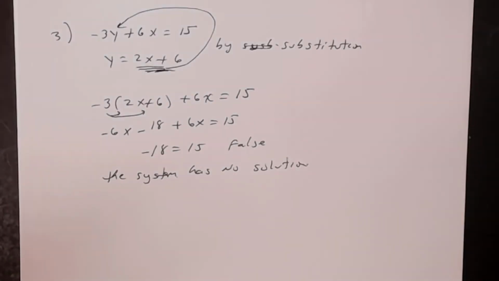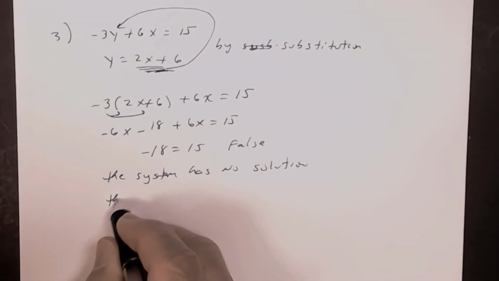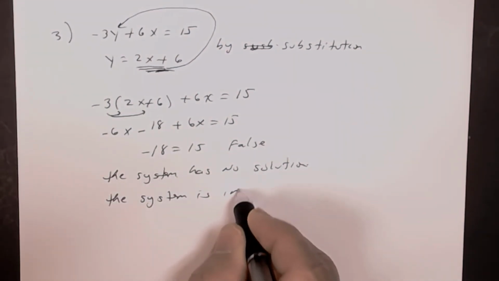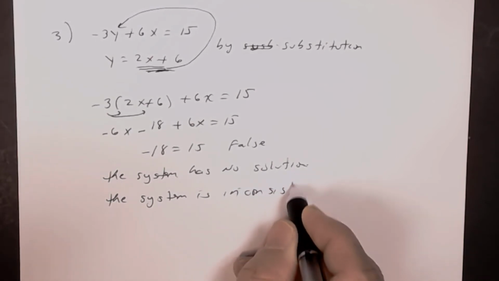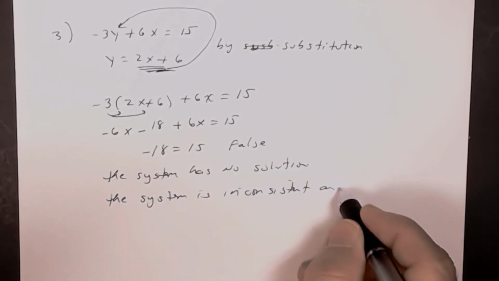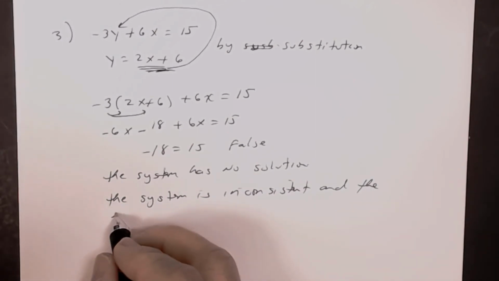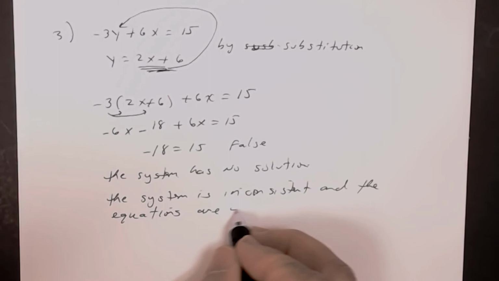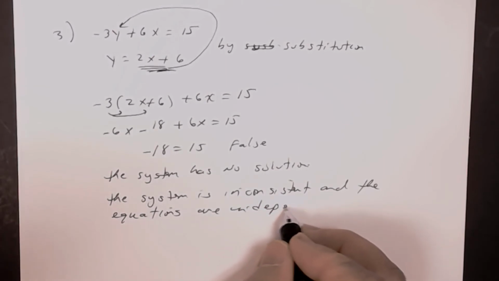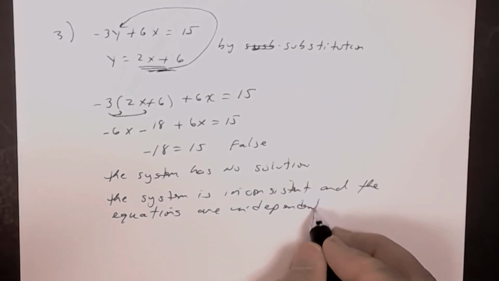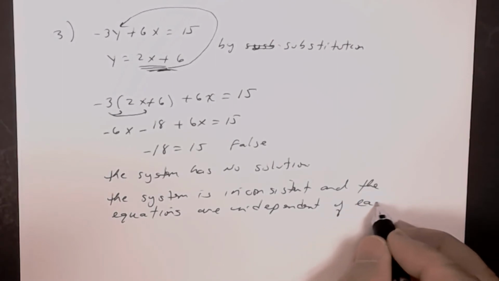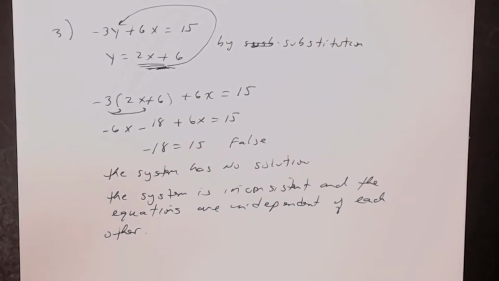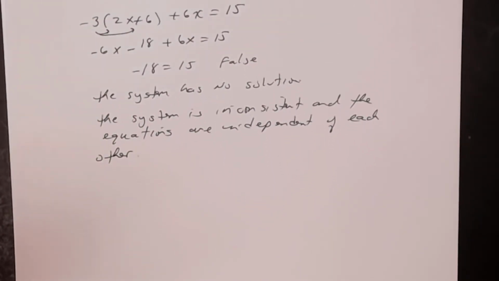So the system is inconsistent, and the equations are independent of each other. Okay? All right, so that was number 3. All right, let's look at number 4.